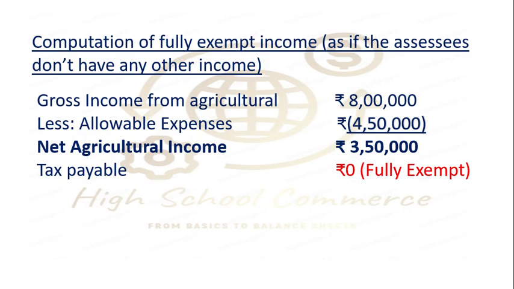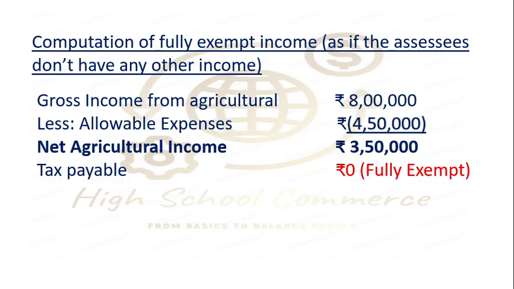For example, a person who has only agricultural income, that person does not have any other income. A person who has only agricultural income, say 8 lakhs, and there are some allowable expenses incurred to earn that revenue, say 4,50,000. So net agricultural income would be 3,50,000.